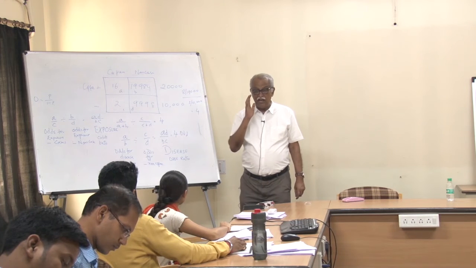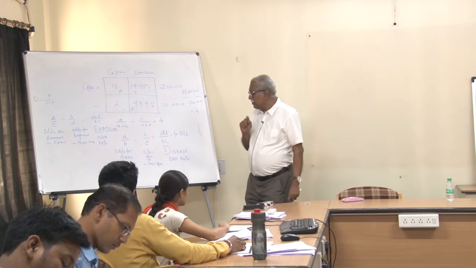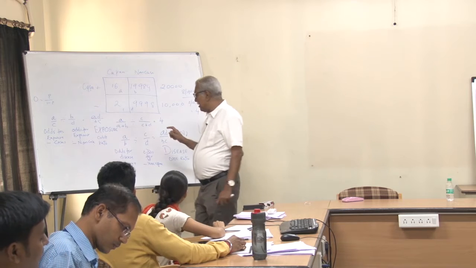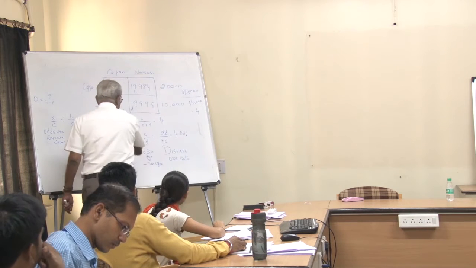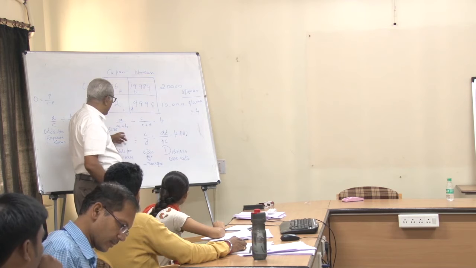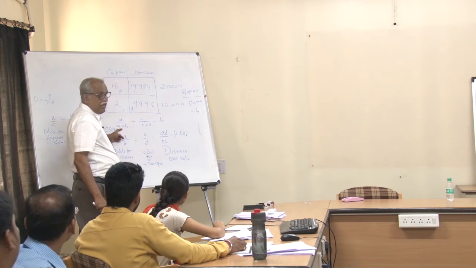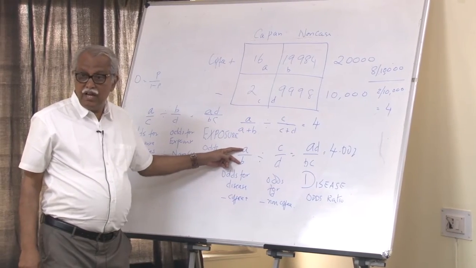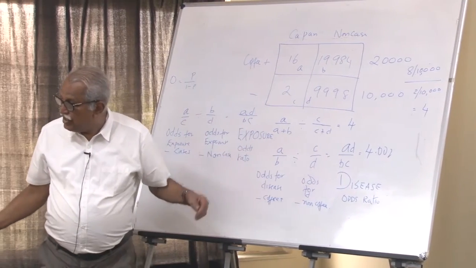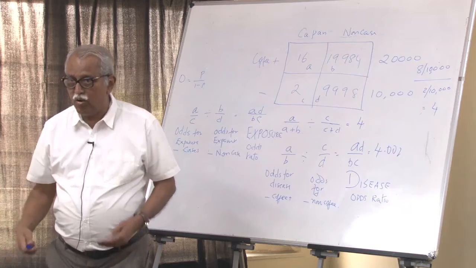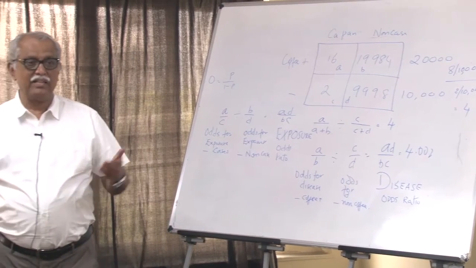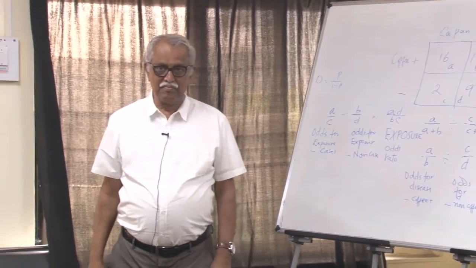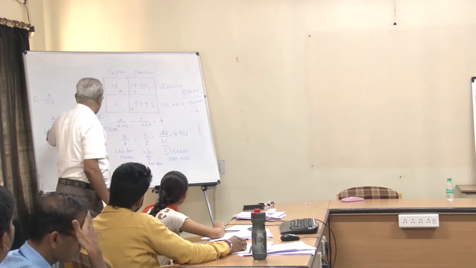Look at it this way. To get information on incidence of disease, or odds for disease, you have no shortcuts. You have to have a population, follow them up, grow old with them, and then you get the number. What about odds for exposure? Piece of cake.